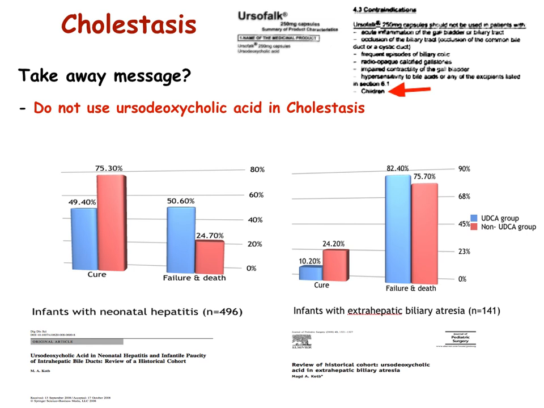It reduces chances of resolution of cholestasis up to only 50%, while without ursodeoxycholic acid, cure is almost 75%. Please note that it increases chance of liver cell failure and death.